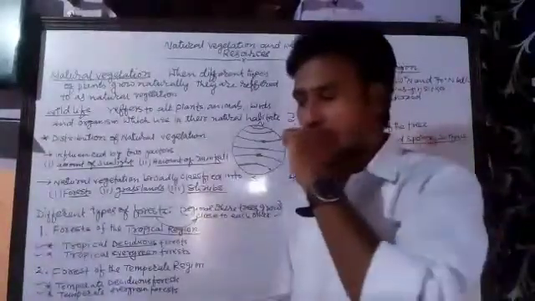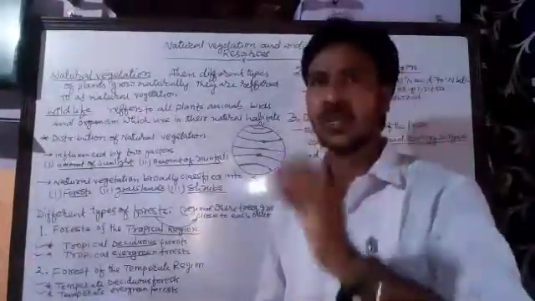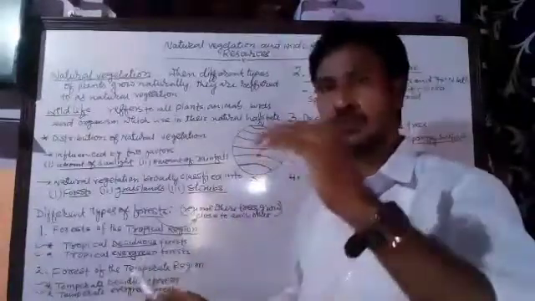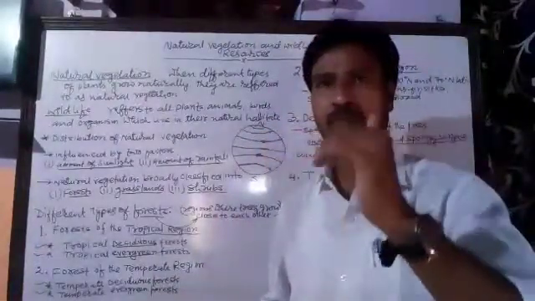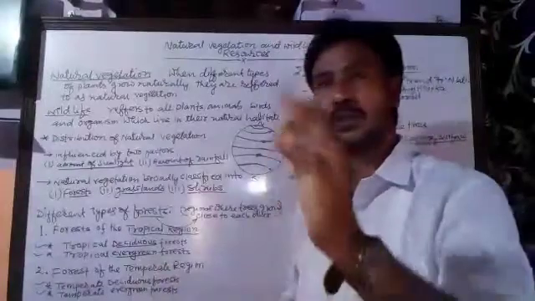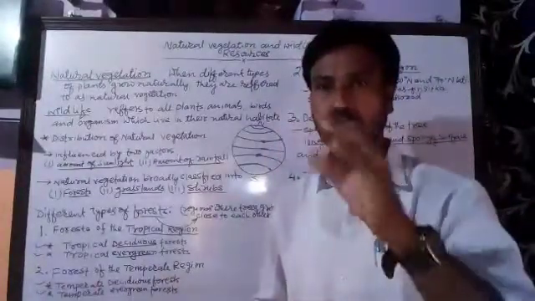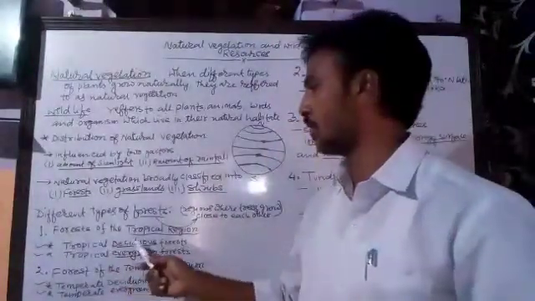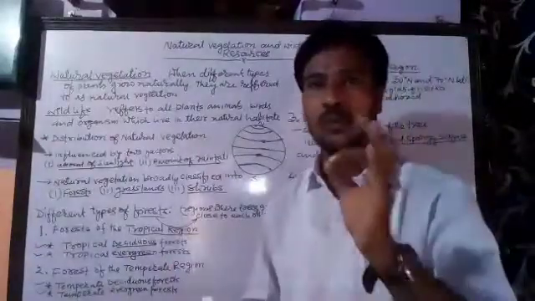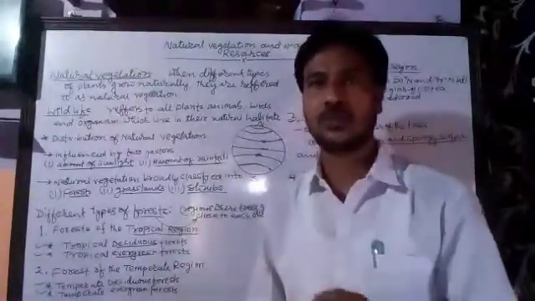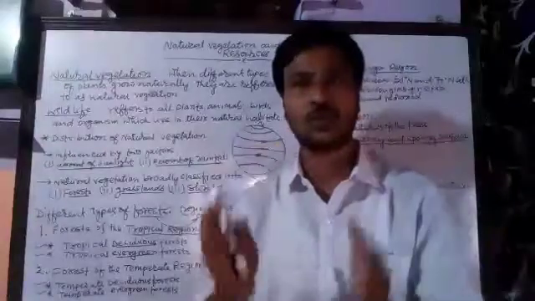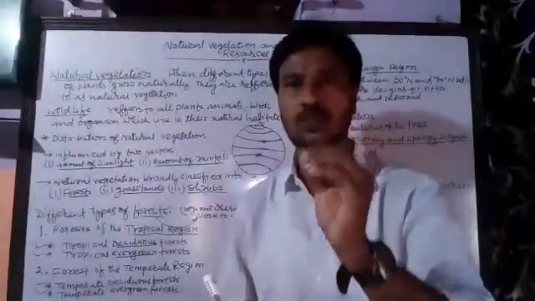Once again, the area where the rainfall is medium or average, and the temperature is also average, in this area tropical deciduous forests are found. Now, these forests are not so thick.